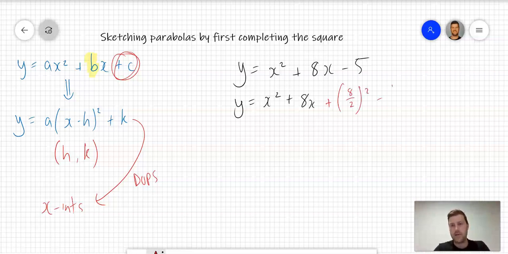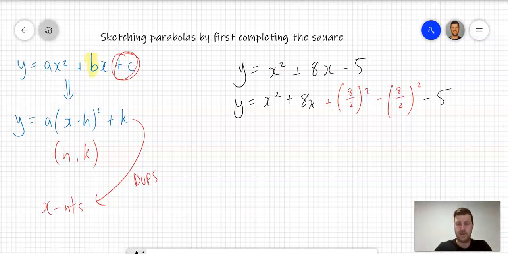I'm also going to subtract that to balance the equation. Okay, and that constant term remains there, which is minus 5, which in fact is our y-intercept, but we'll write that down after. So 8 over 2 all squared, 8 divided by 2 is 4, 4 squared is 16.